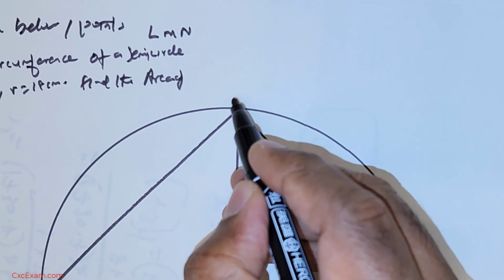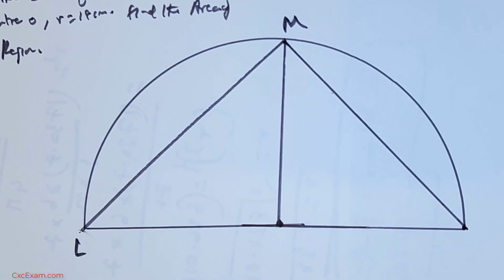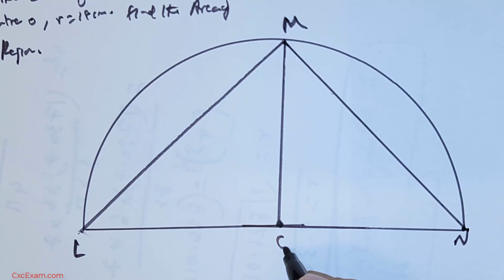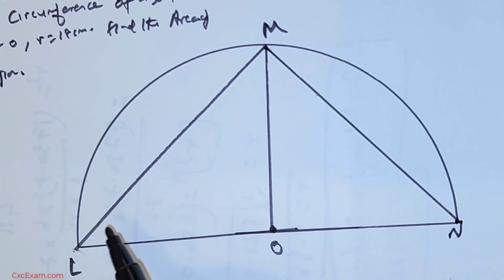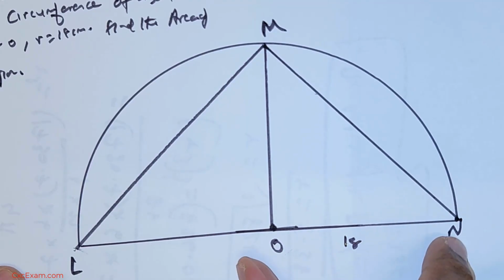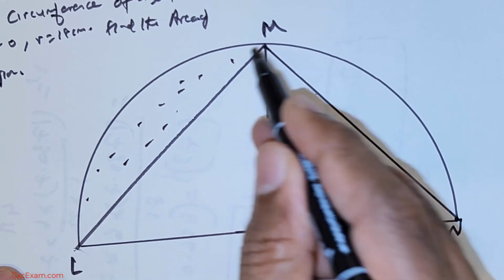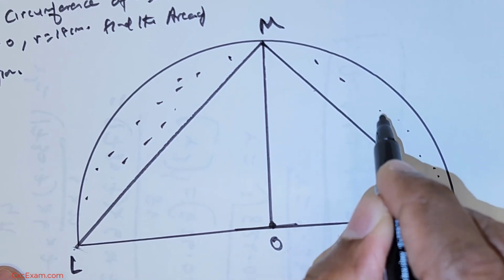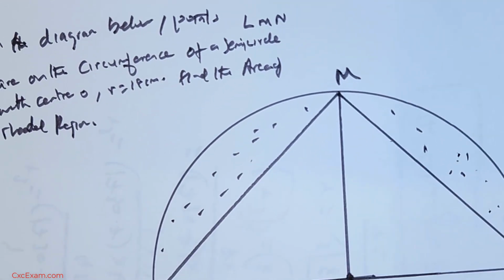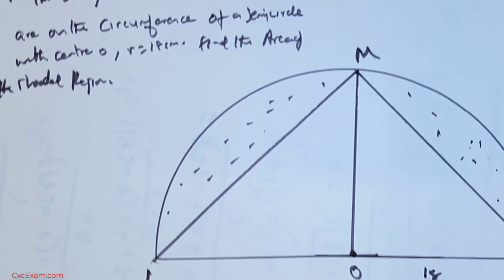So L, M and N, and this is O. Now the radius is given as 18 cm, so this point is 18 cm. Now we are asked to get the shaded region. Now this is a semicircle.